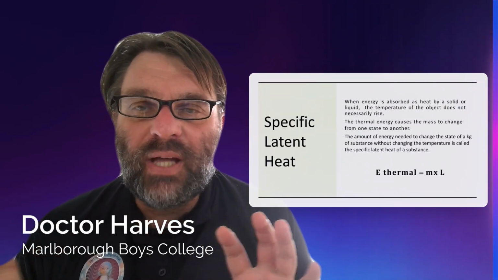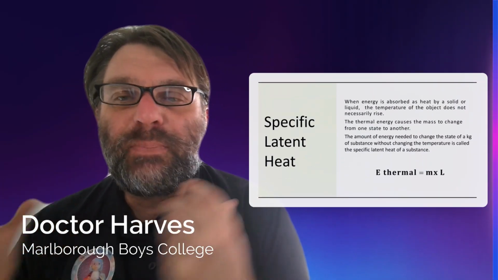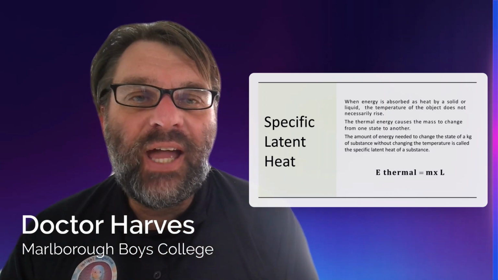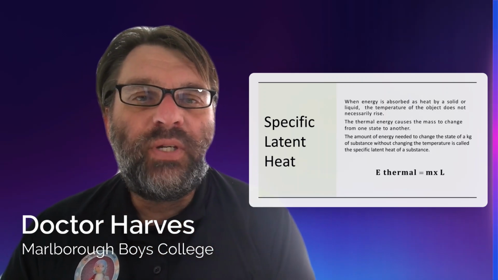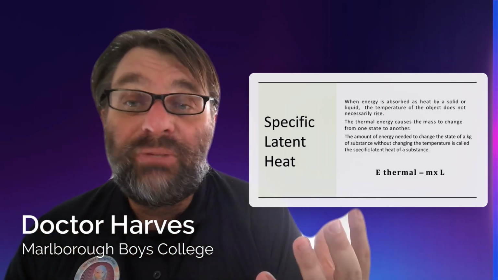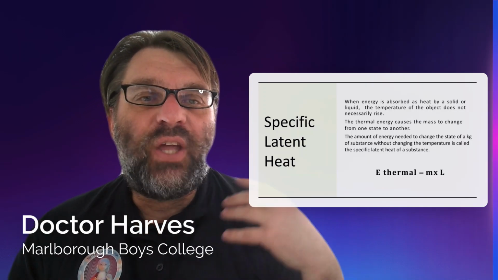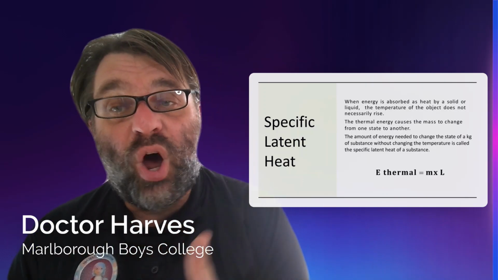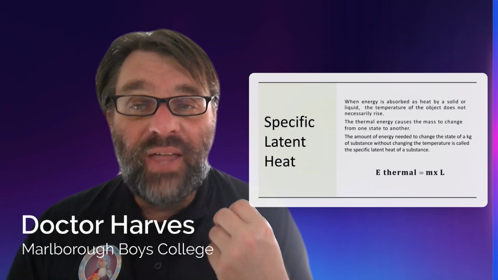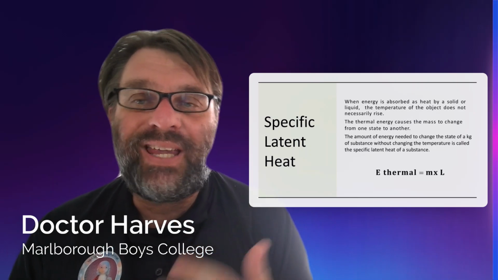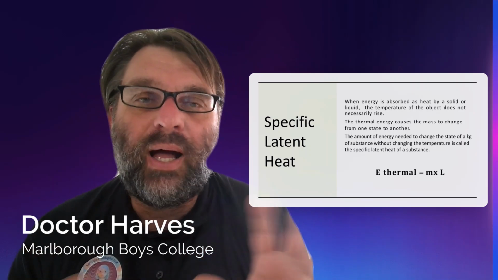So another concept in this general area is the specific latent heat. When energy is absorbed by a substance, the temperature of the object does not necessarily rise if that heat energy is being used to break particle bonding.